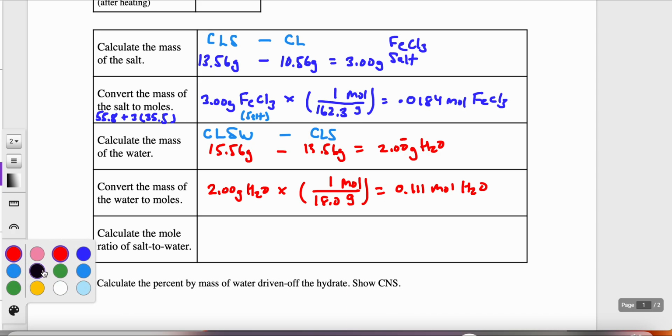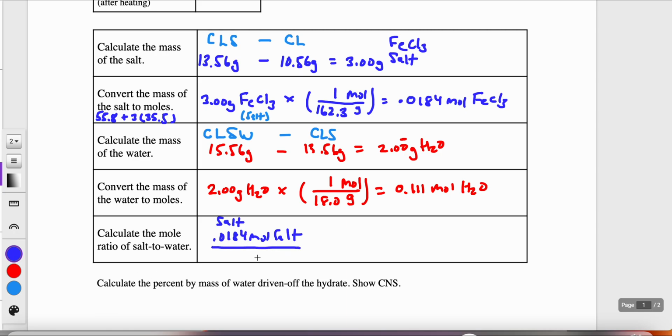So now I need to calculate that mole ratio. So I take both mole values. So I'm going to write salt here. So my salt's mole value is 0.0184 moles of the salt, and I need to divide it by moles.